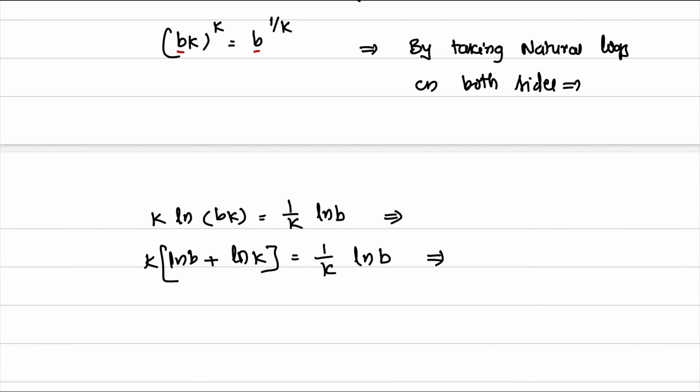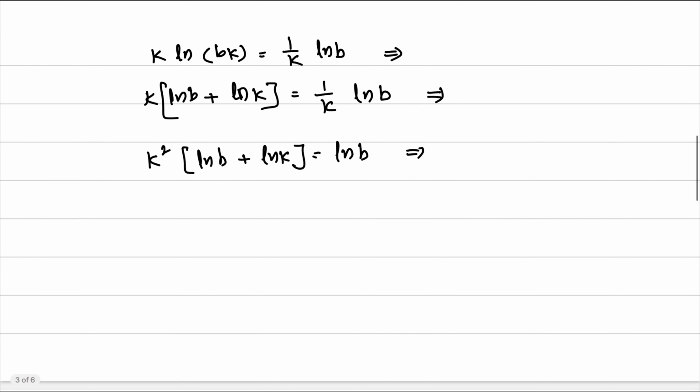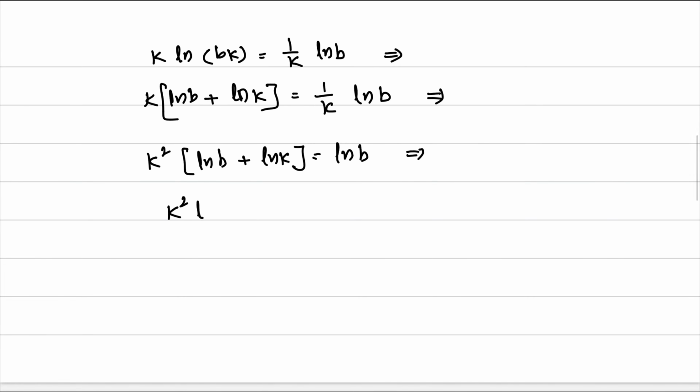That implies k square into ln b plus ln k is equal to ln b. That implies k square into ln k is equal to ln b into 1 minus k square.